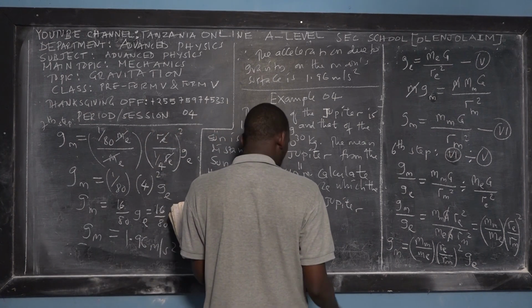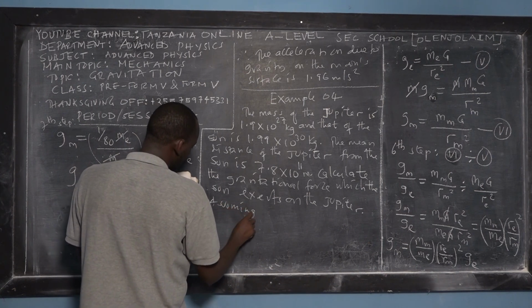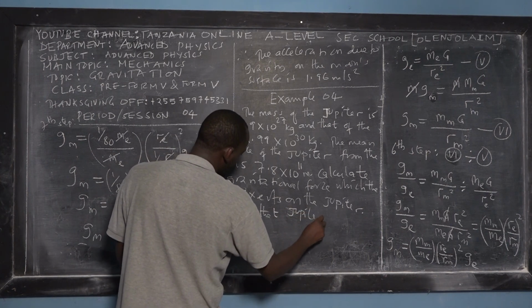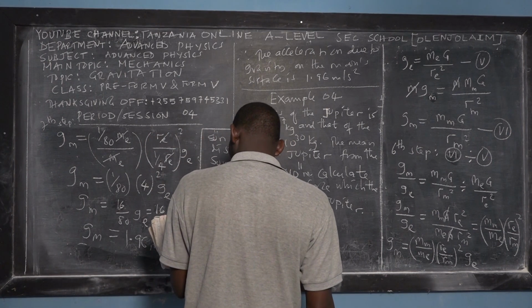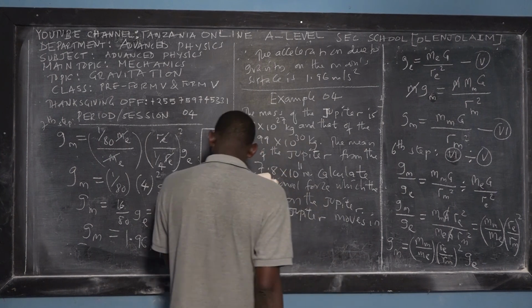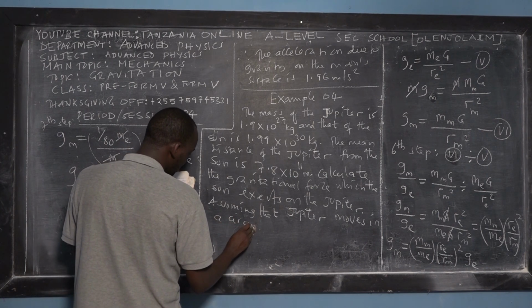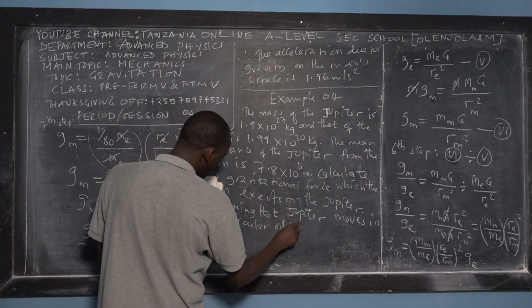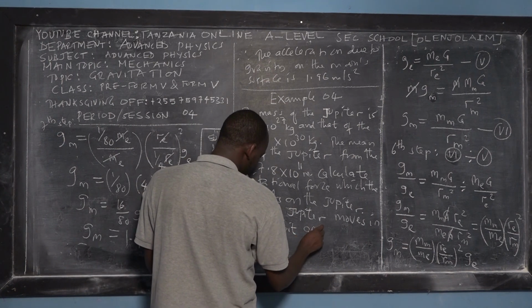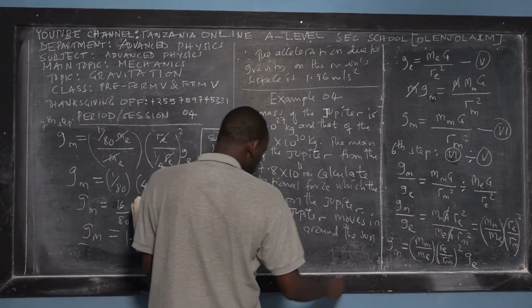Assuming that Jupiter moves in a circular orbit around the Sun, calculate the speed of Jupiter.